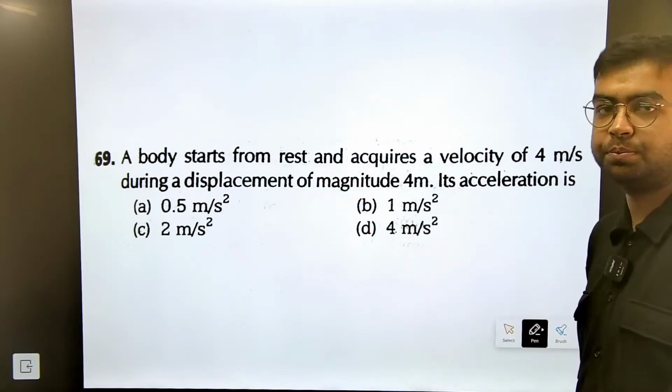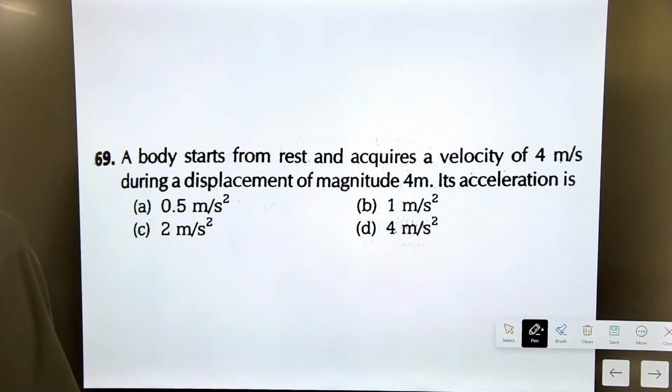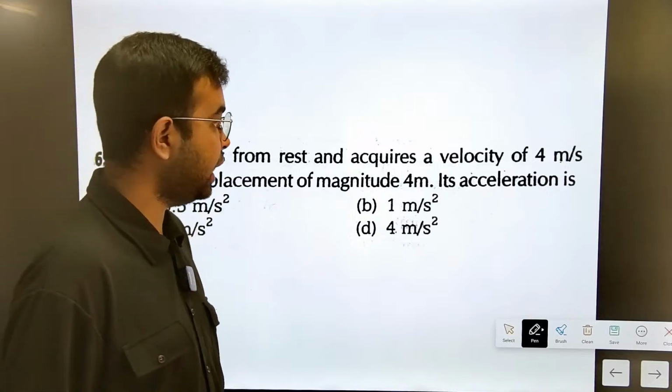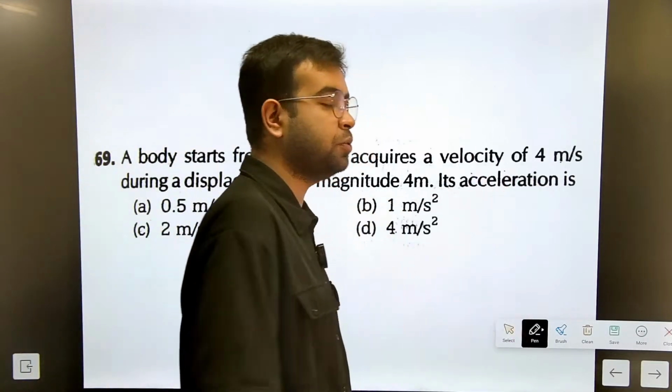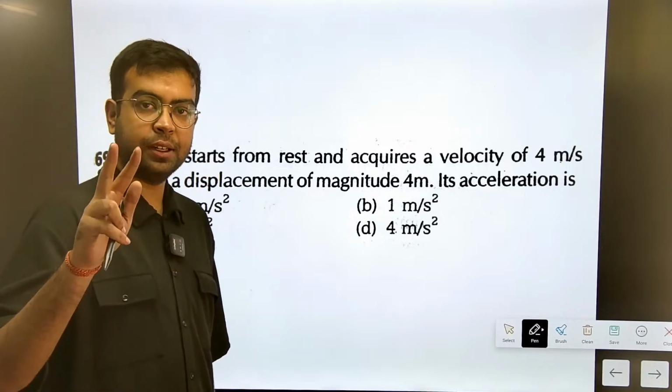There is another way to do this sum. See, the body starts from rest and then the body acquires a velocity of 4 meter per second. ठीक है, इसका मतलब हमारे पास दो वेलोसिटी है.